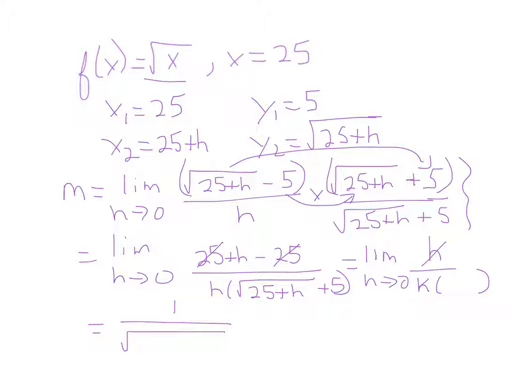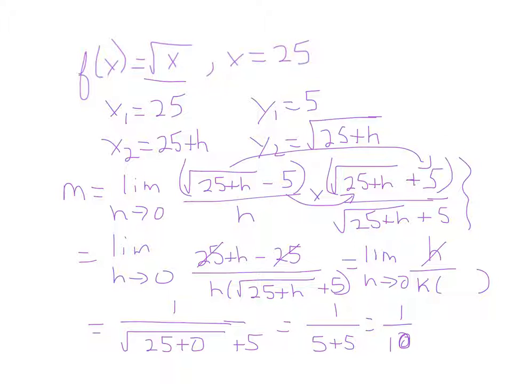And so I had 25 plus h, that's going to be 25 plus 0. And so I end up with 1 over 5 plus 5, or 1 over 10 for the slope of the line at that exact value of x equals 25.